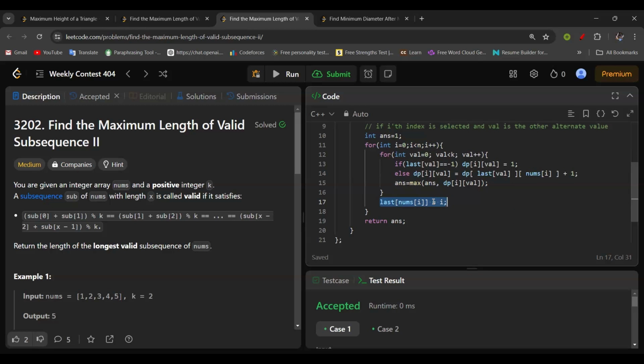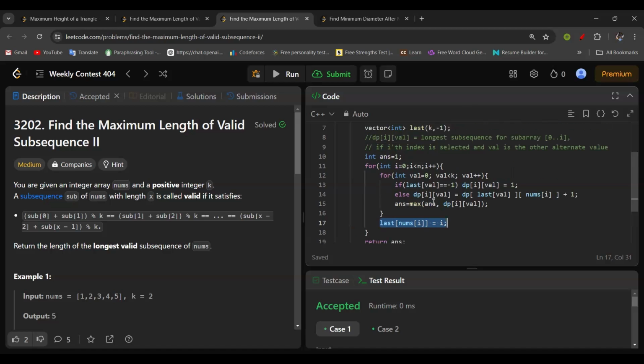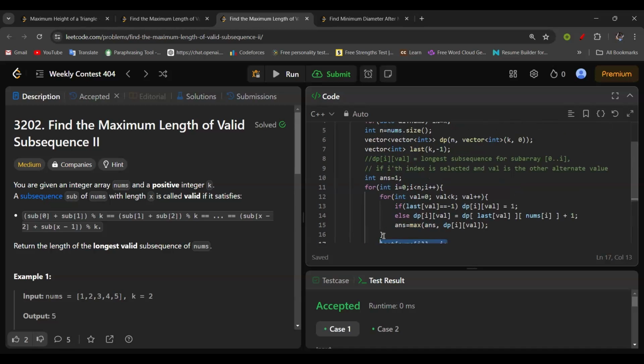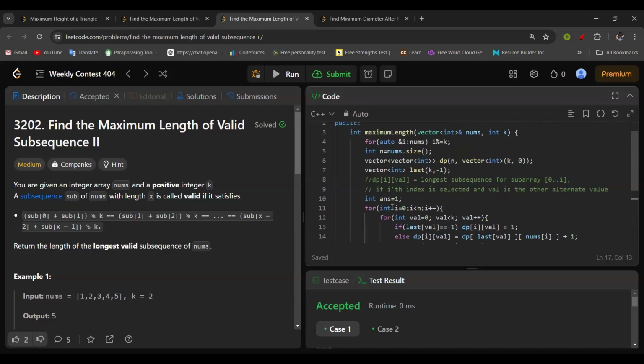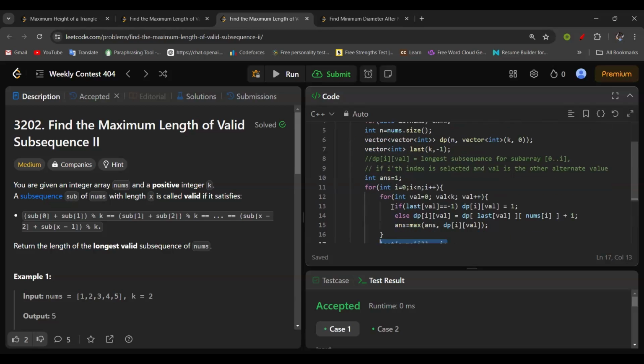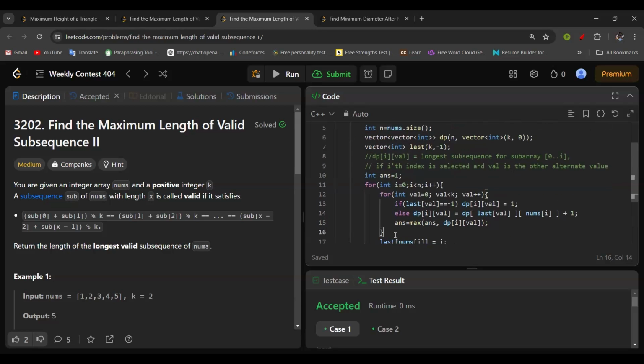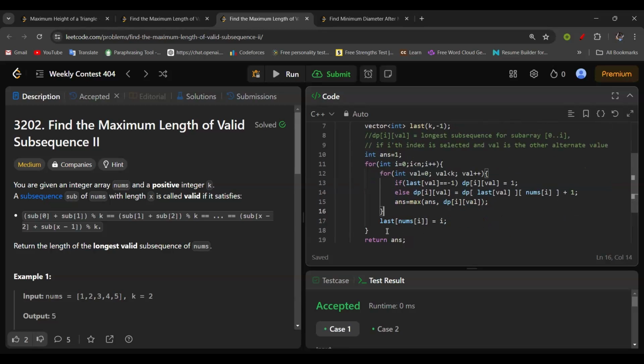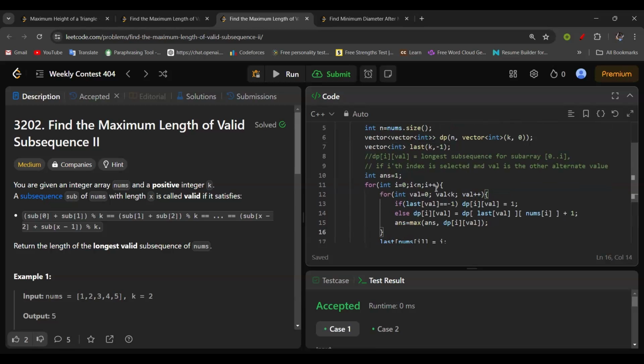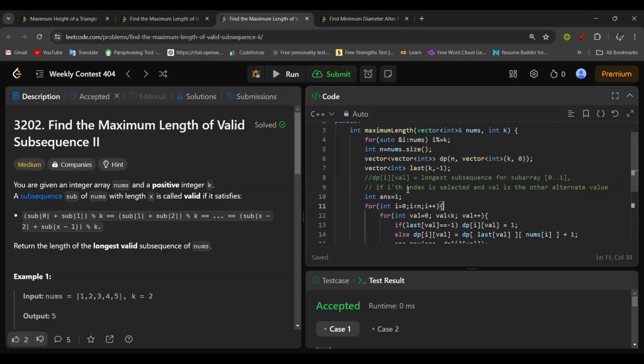First you go to the depth, so you won't be able to write a recursive code with this approach. You can only write an iterative code with this approach. Maybe there could be a recursive solution for this, but for the approach that I came up with, I can only write an iterative code. So I'm explaining that currently. If somebody gets the recursive approach, you can write it down in the comments.